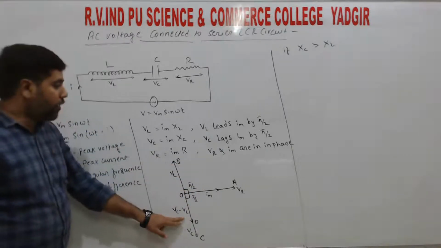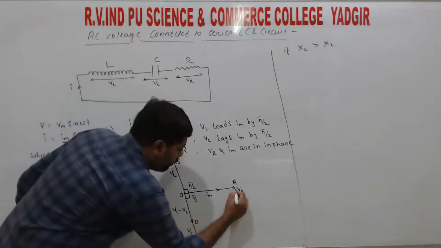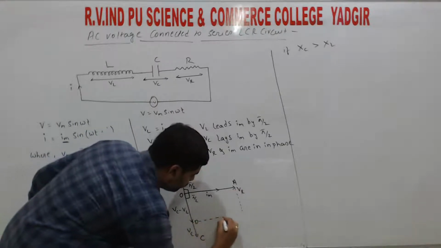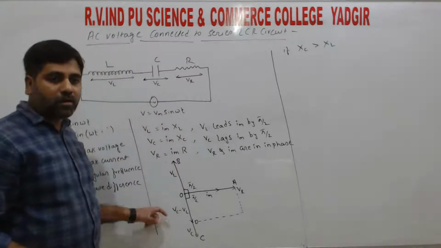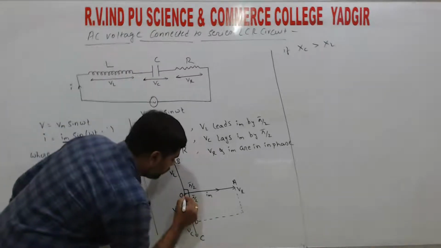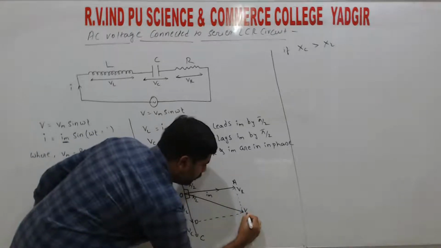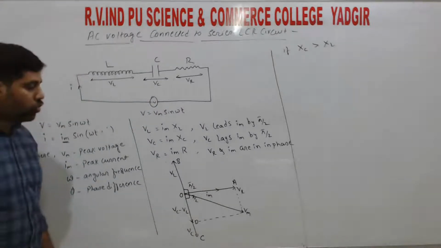So we need to find the amplitude of the voltage V, right? So that's by constructing the parallelogram. As these two are vectors, again from the parallelogram law of vector addition, if we draw the diagonal, this diagonal gives Vm, that is the peak voltage, right?